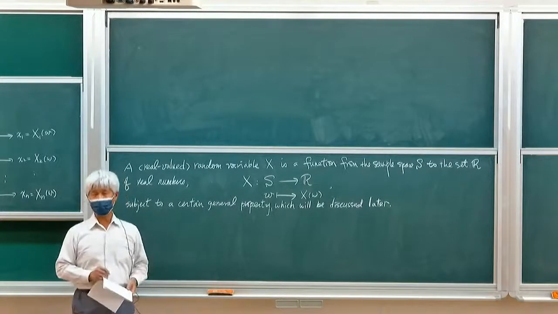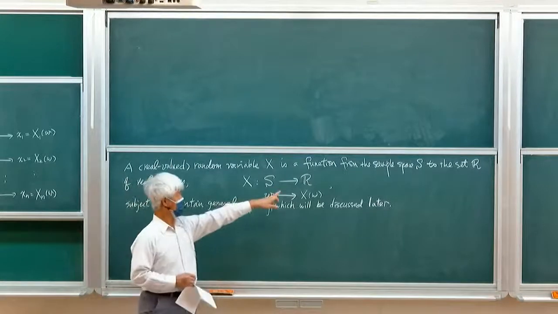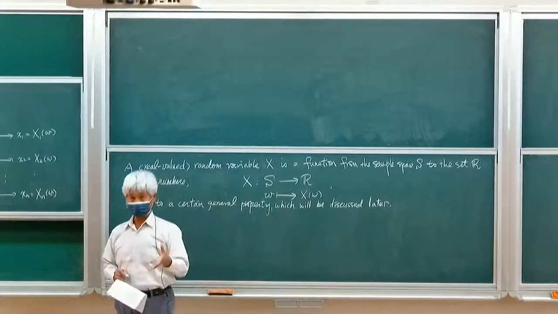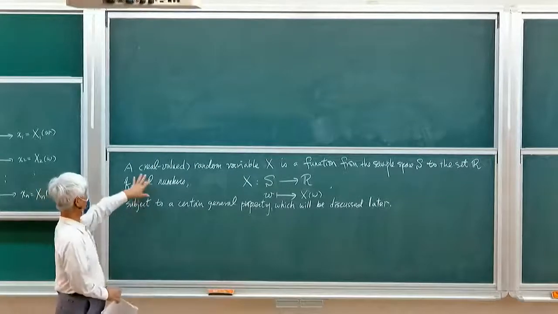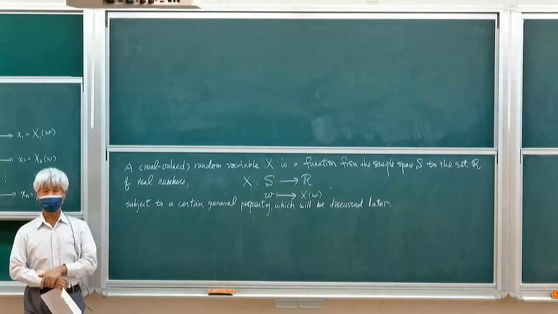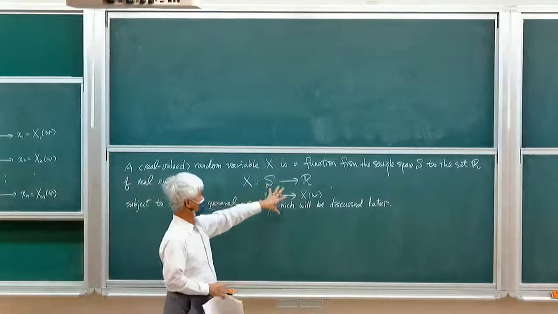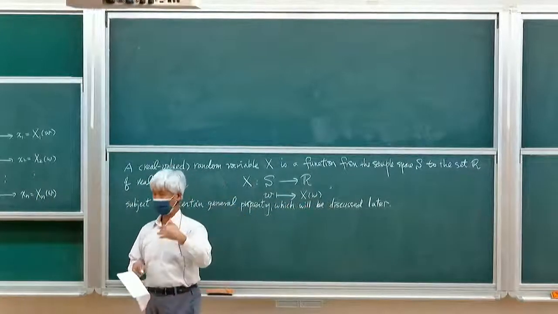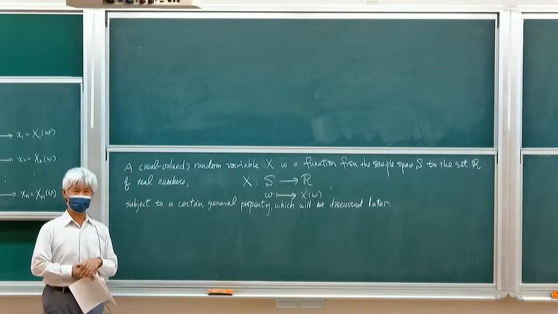Of course, you can have a complex valued random variable. In that case, the codomain will be the set of all complex numbers. You may have arbitrary valued random variables, but we will focus on real valued random variables first.